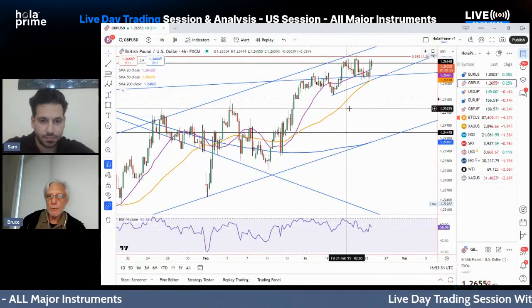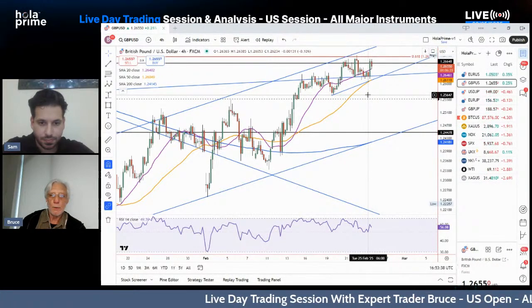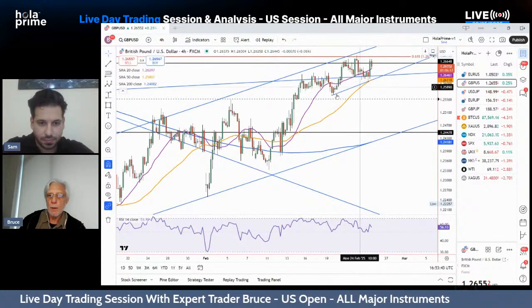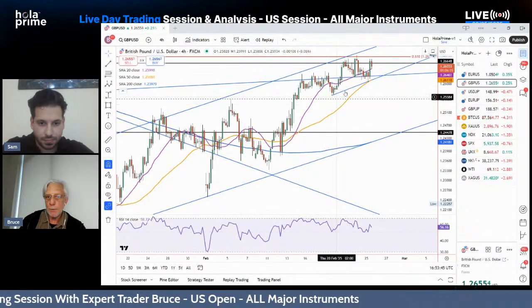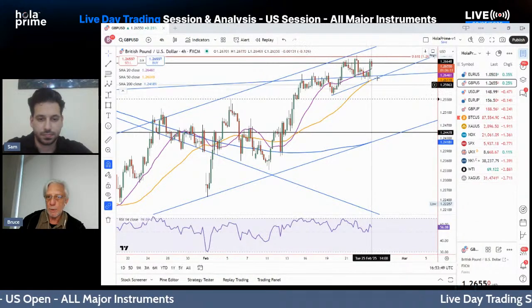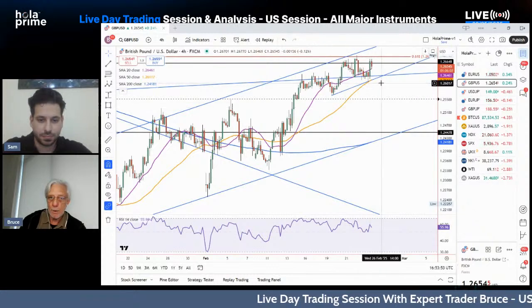But certainly things are going to change more than likely if price drops through this swing low, right? Because it's a breakdown of the top of this trend line. It's a breakdown below this minor swing low. It's a breakdown below the 50 moving average. So that's a whole bunch of stuff, right?